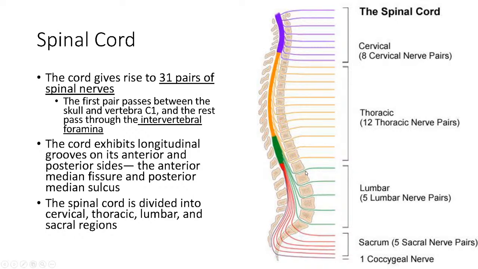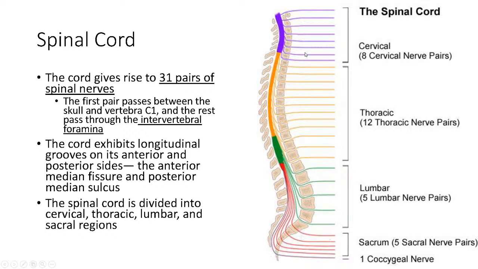Then lastly, you have the sacral vertebrae, S1 through S5, and then coccygeal vertebrae, CO1 through CO4. Although the sacrum and the coccyx are frequently treated as if they were one bone because they're fused. That is, the 5 vertebrae of the sacrum are fused and the 4 vertebrae of the coccyx are fused.